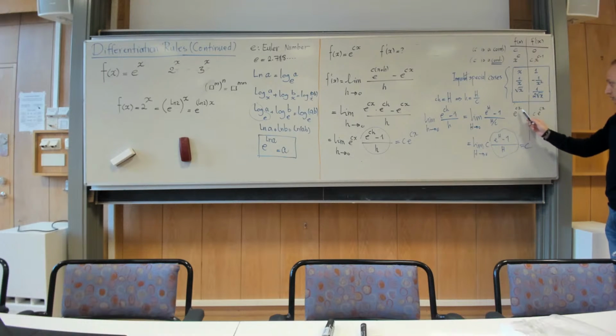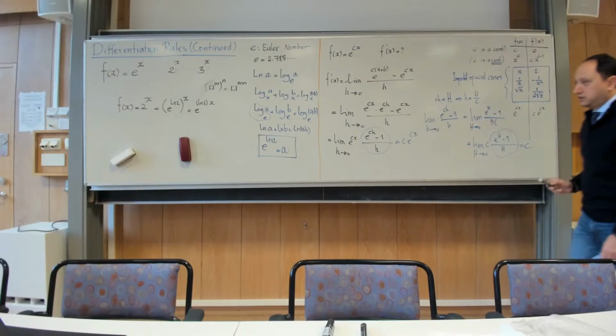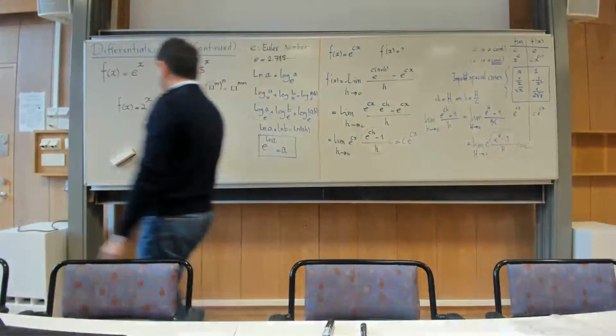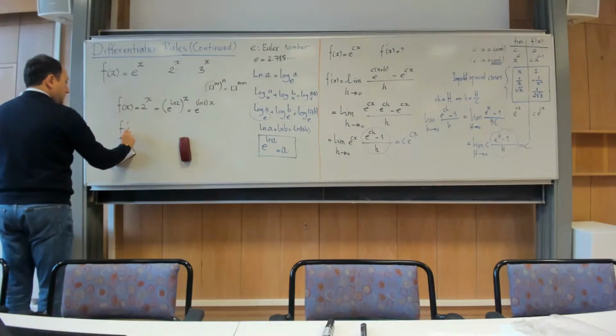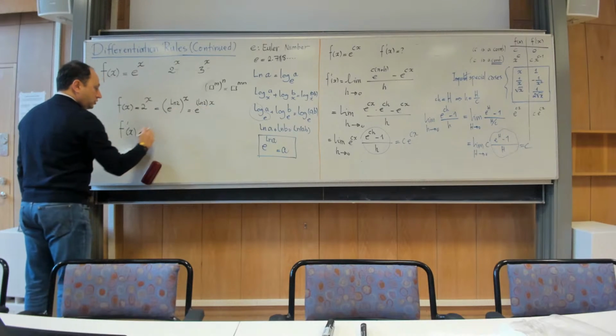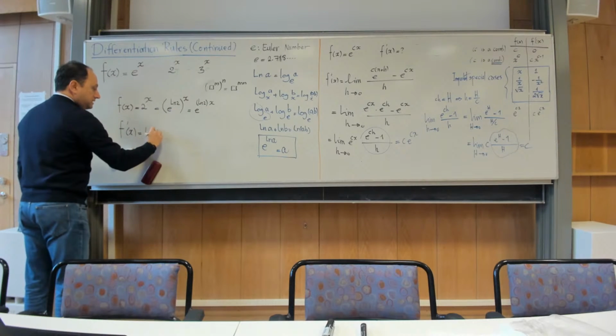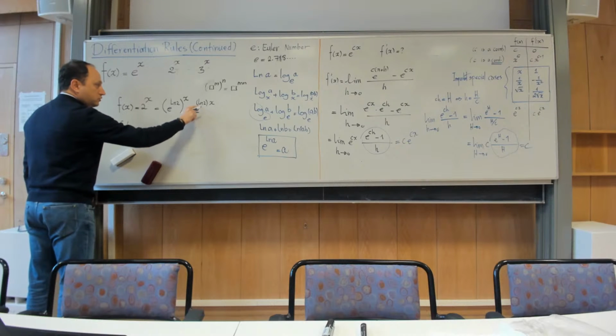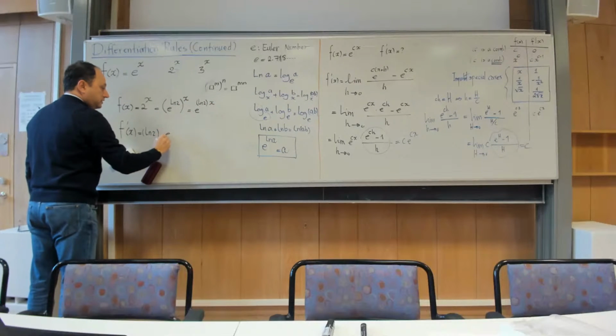According to this rule, c is supposed to go down, and I am supposed to repeat the whole function itself for the derivative. So this means that the derivative of f is equal to the constant ln 2 goes down, and then I am supposed to repeat the whole function in front of it.